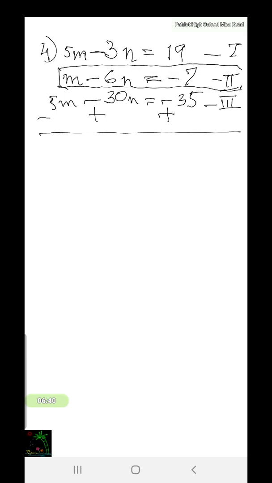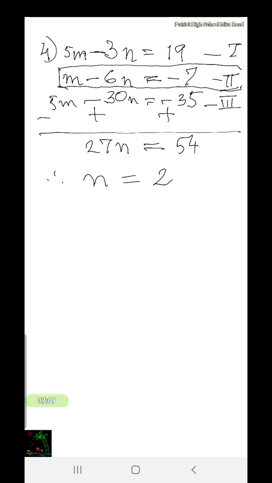So 5m minus 5m is 0. 30n minus 3n will be 27n. 27n is equal to 35 plus 19, which gives you 54. Therefore dividing by 27 throughout, we have n is equal to 2.